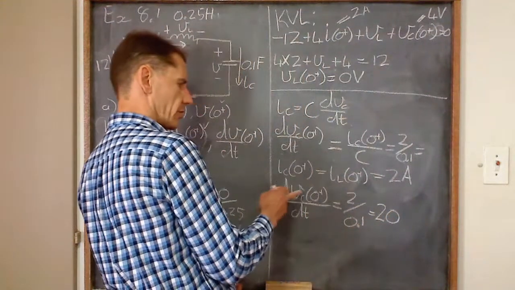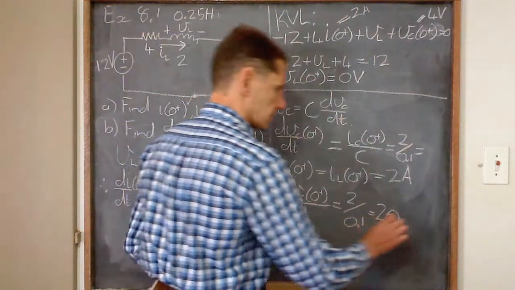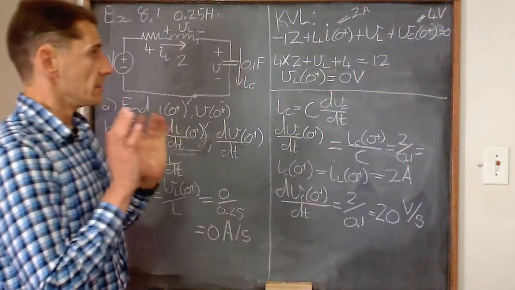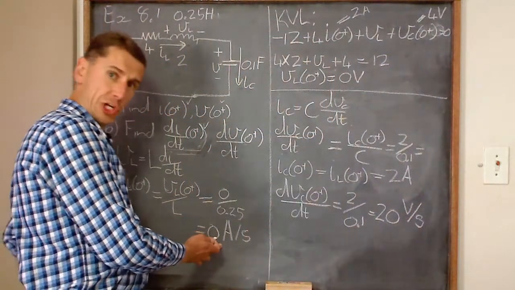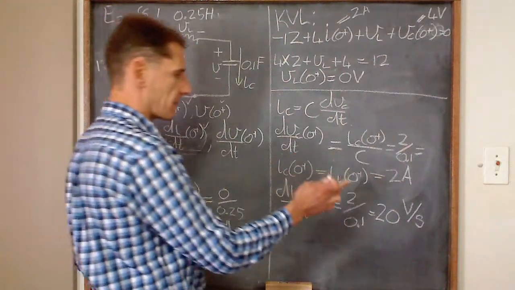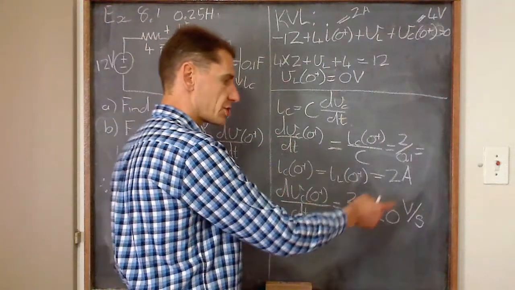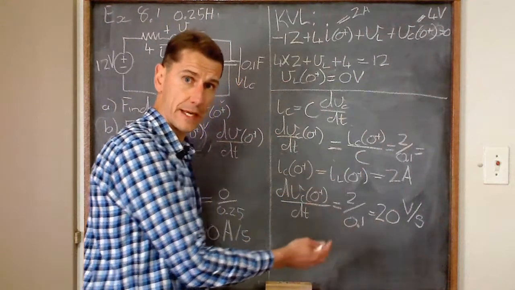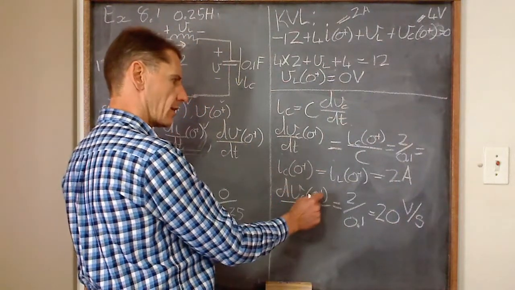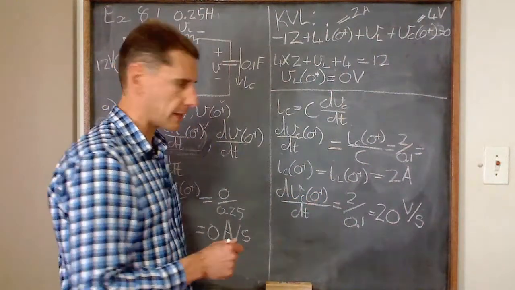And the units, dV, volts at the top, time at the bottom. So it is volts per second. So the current initially changes at a rate of 0 amps per second. And the voltage, the moment that switch flicks open, will change at 20 volts per second. But that only applies for that split second of 0 plus, just that instant directly after.